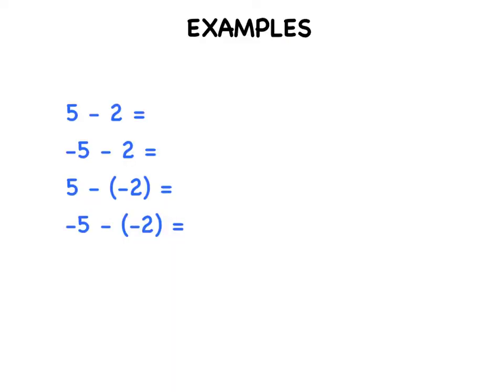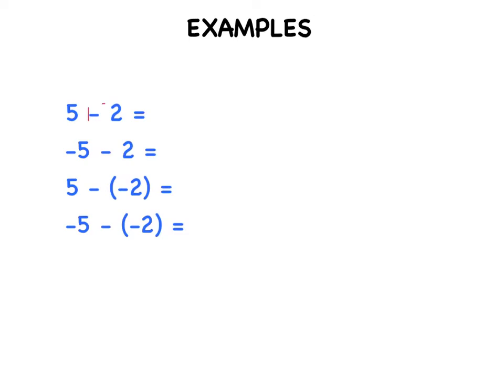Examples. So if you have 5 minus 2, well, again, this is something that you have been doing for a very long time, but we're going to convert it to working with integers. So we can say 5 minus 2 is the same as 5 plus negative 2.